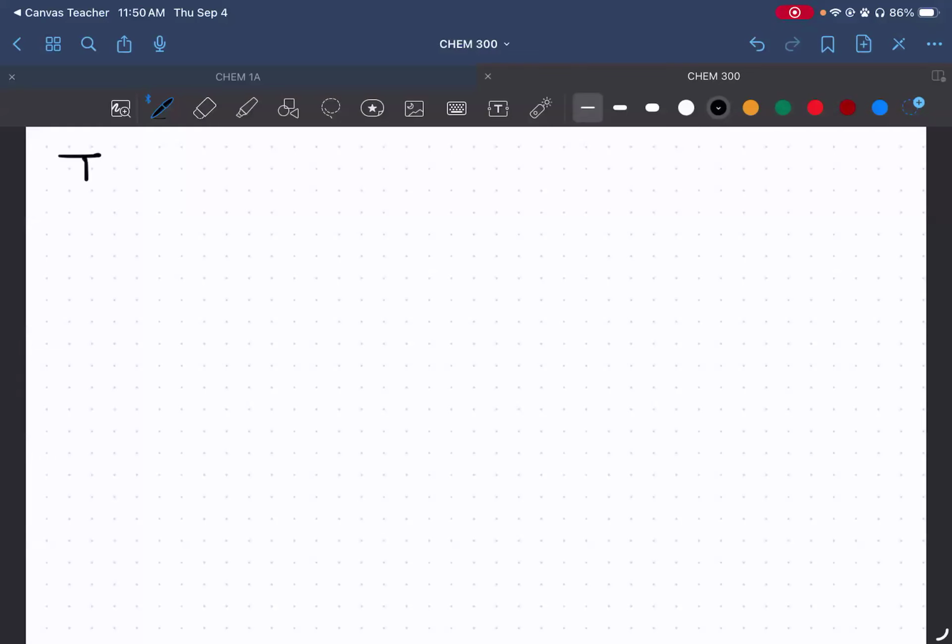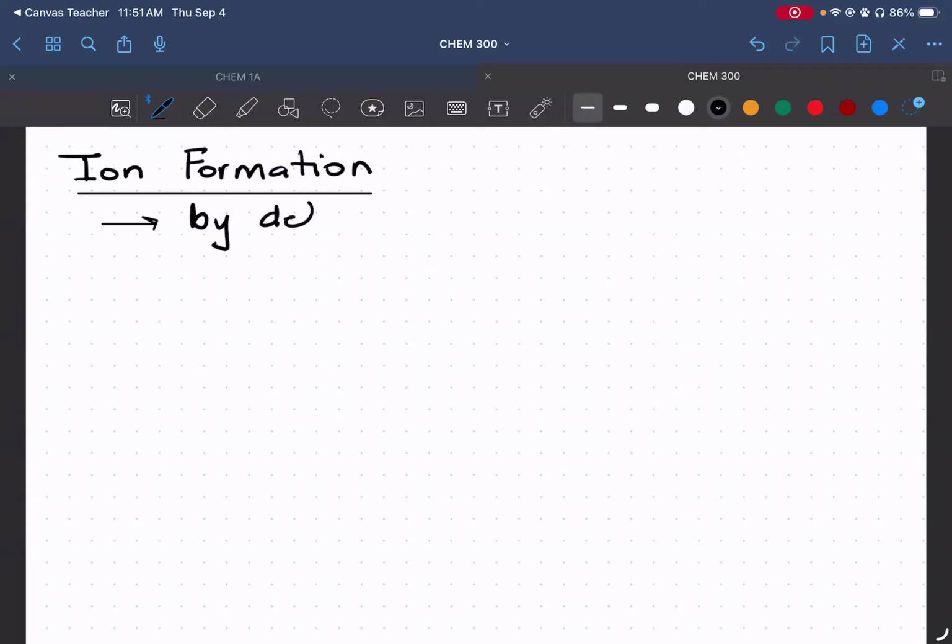Let's talk a little bit about ion formation. Now, we talked about how the atomic number tells us the number of protons and electrons. We talked about how if we have an equal number of positive and an equal number of negative, the element is neutral. So by default on the periodic table, all elements are believed to be neutral, meaning an equal number of protons and electrons.